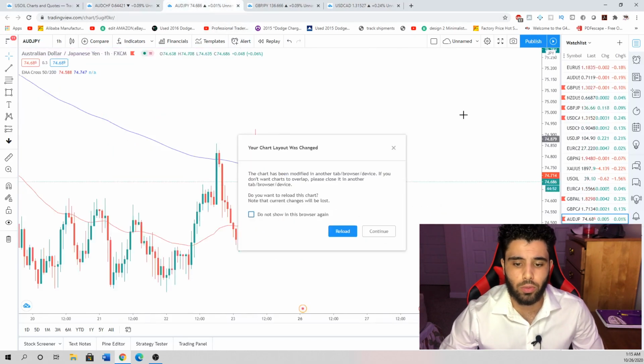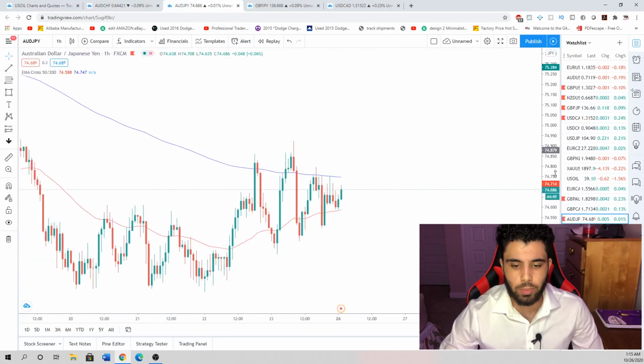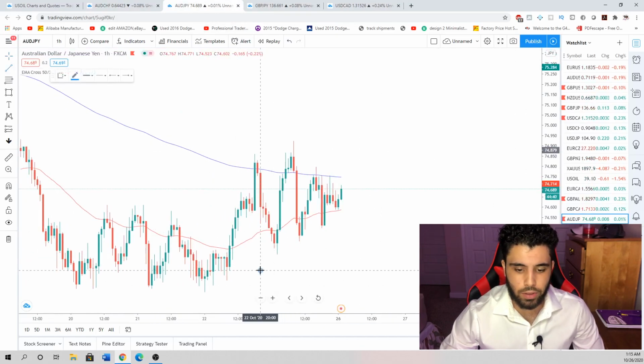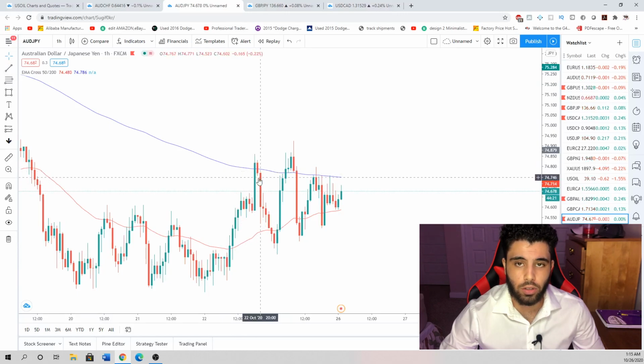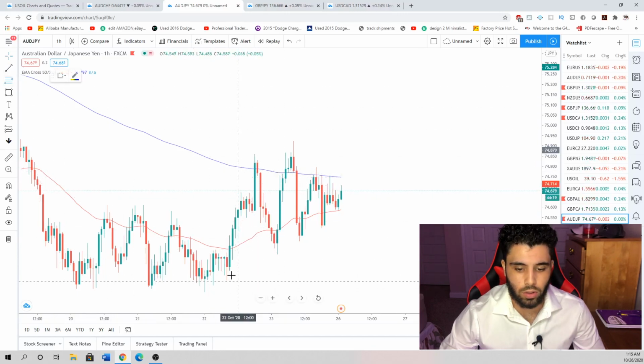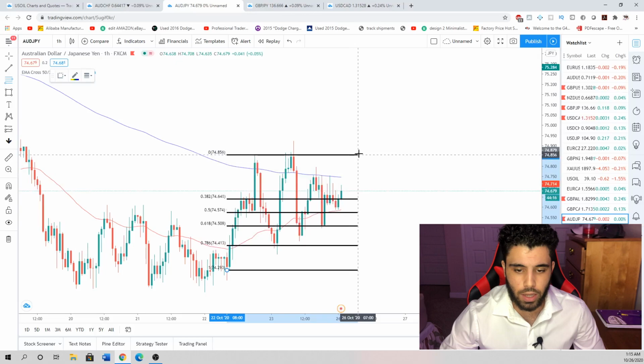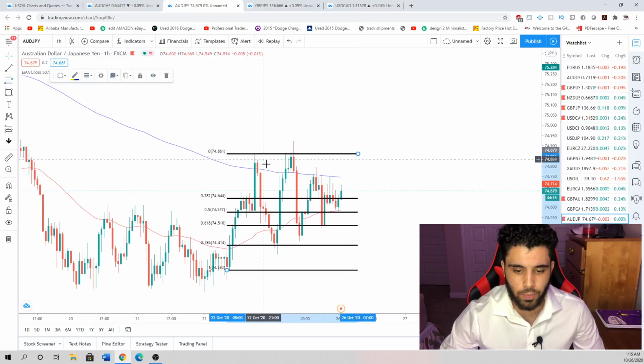Let's go on another chart. We have AUD-JPY here, but basically we have this push to the upside that broke all of these previous highs. Now what do we expect? We expect a retracement, but where is it going to retrace to? Let's put the fib. You only put the fib when it starts to retrace, okay? So from the low to the high of the push right here, and it came down.